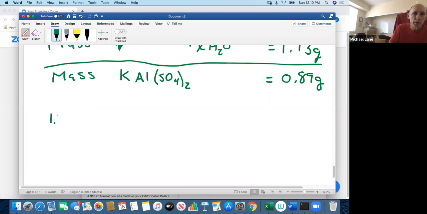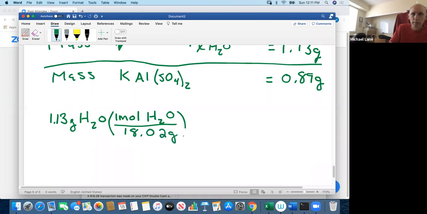So I have 1.13 grams H2O, 1 mole H2O, 18.02 grams, and that equals, let me get my calculator out, I get a value of 0.0627 moles of water.